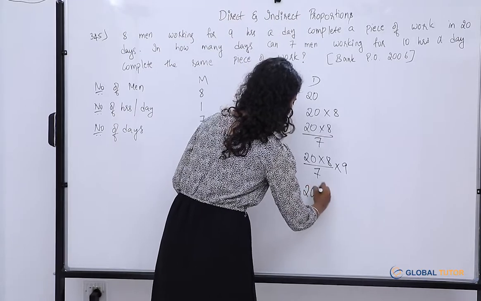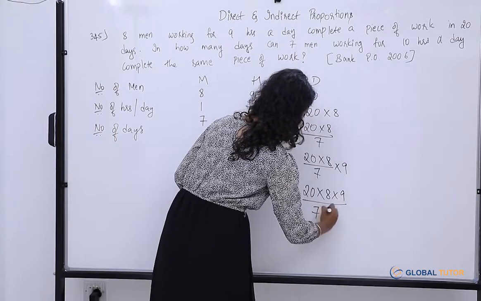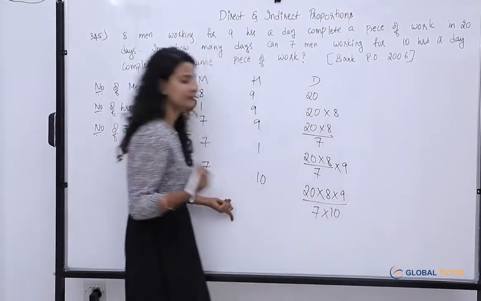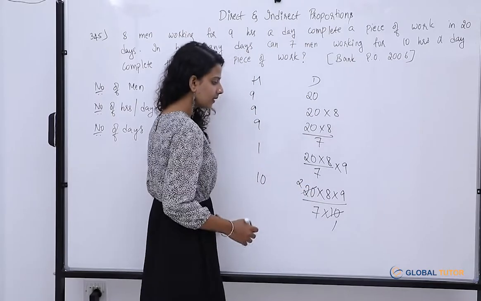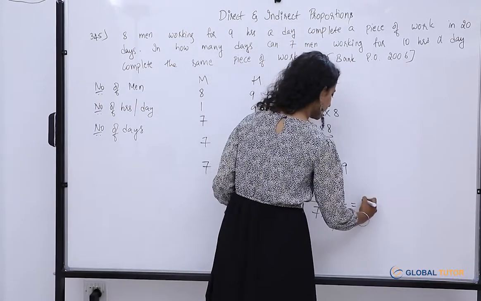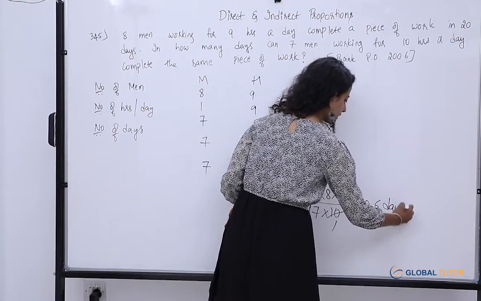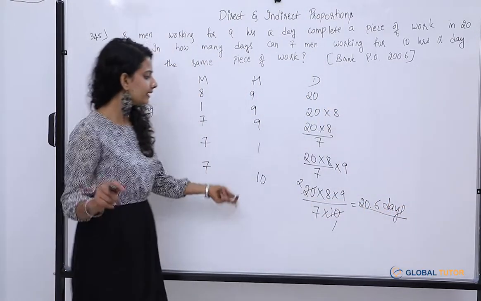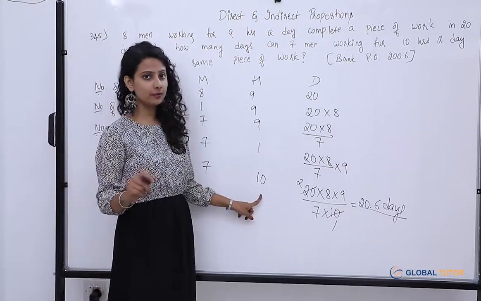So this becomes 20 into 8 into 9 divided by 7 into 10. So this is 10 one times, 10 two times, and when you multiply this and simplify, you get 20.6 days approximately. So this is the number of days taken by 7 men who work for 10 hours per day.